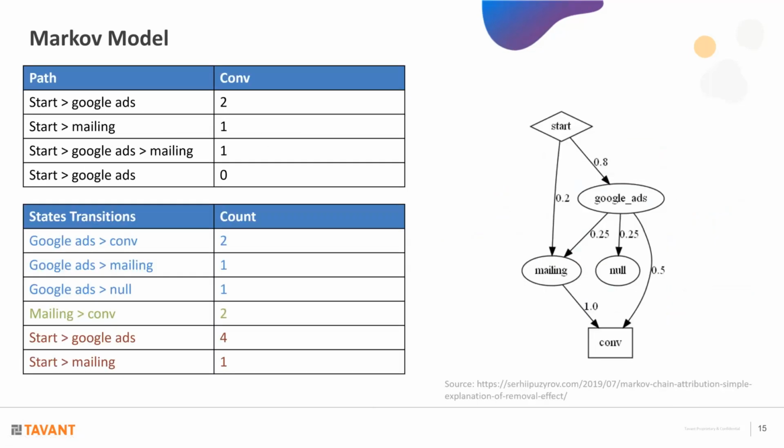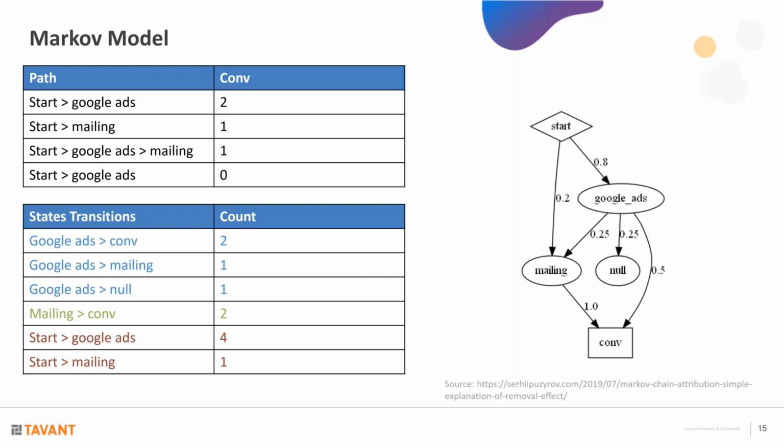Let's take an example to illustrate this point. Supposing we have our path and conversion data with this kind of information. We're taking a very small set for illustrating the idea. From the starting point, the person moves on to, let's say, Google Ads, leading to 2 conversions, or from the starting point gets a mailing campaign, which leads to 1 conversion.